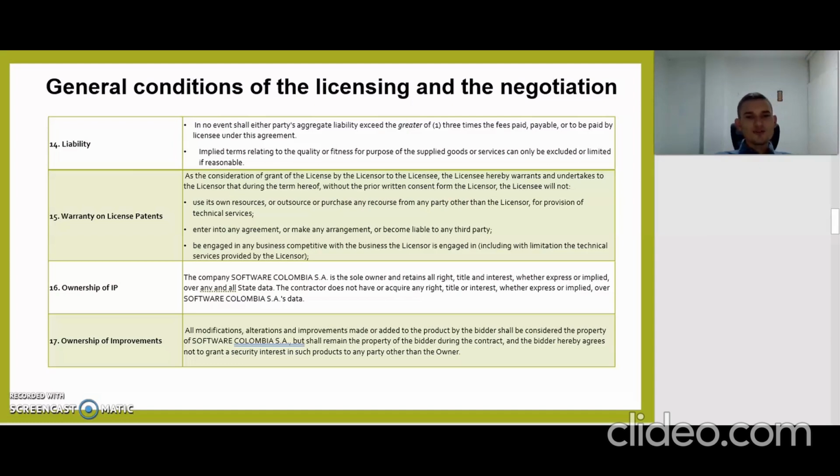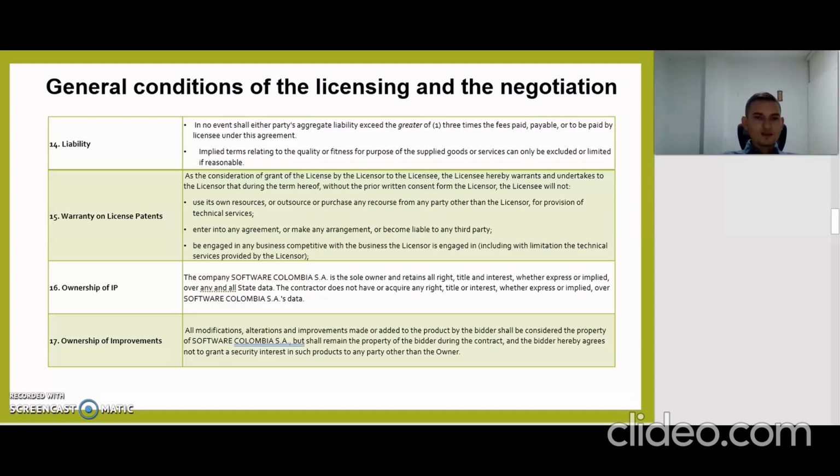Ownership of IP. The company Software Colombia S.A. is the sole owner and retains all right, title, and interest, whether expressed or implied, over any industrial estate; the contractor does not have or acquire any right, title, or interest.